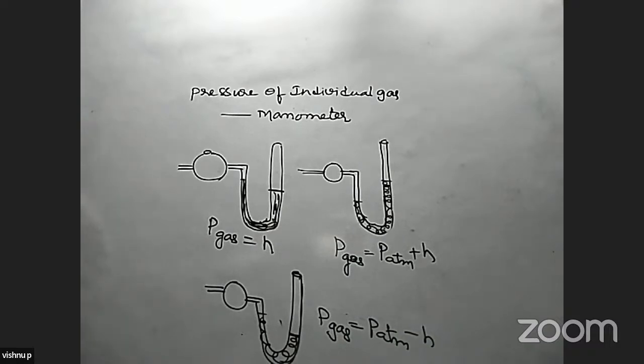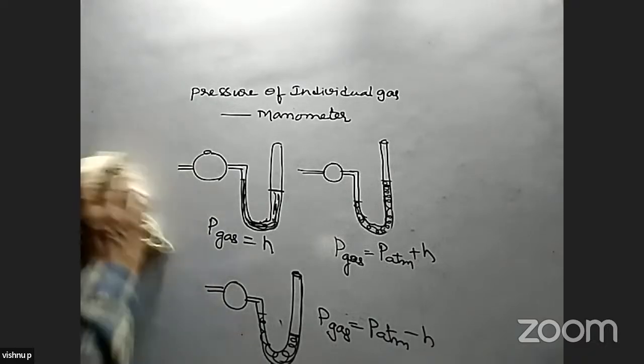So the pressure of an individual gas can be calculated by a manometer, and the mixture of gases present in the atmosphere by a barometer. And the next one is volume of gases.